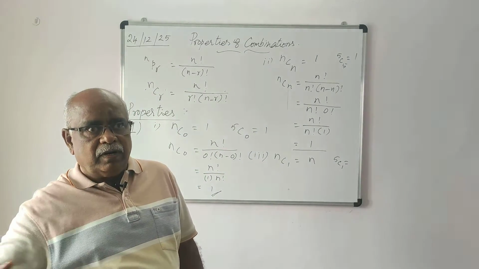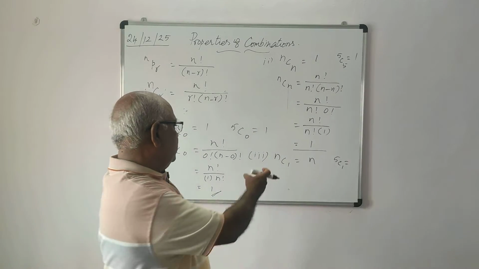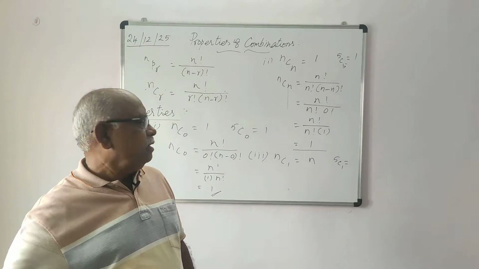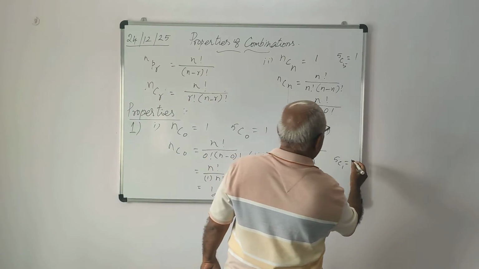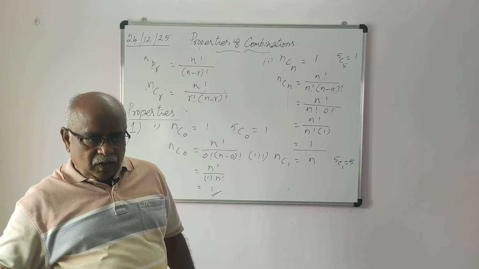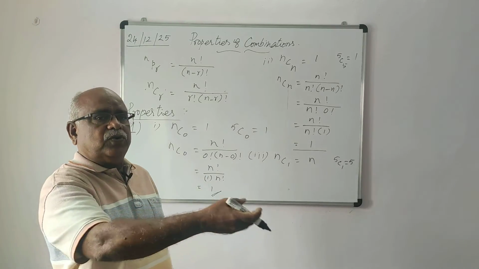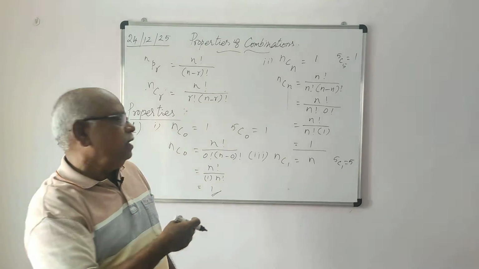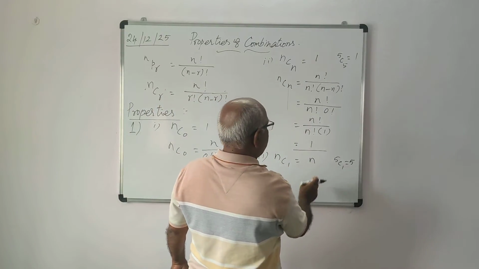Therefore, how many times can you take? You will take 5 times. So 5C1 is 5. You are taking one at a time to give 5 students. Therefore, each one gets 1. Therefore, 5C1 is 5. So nC1 is n.